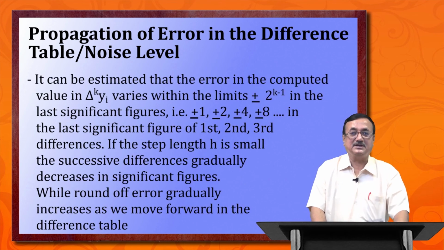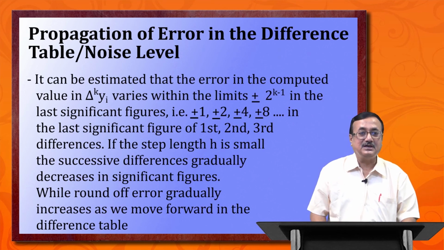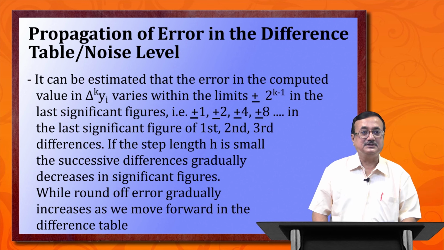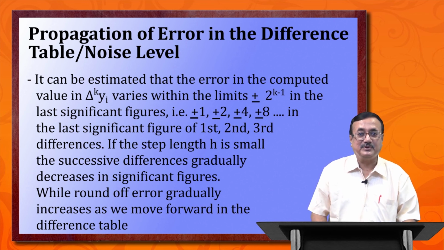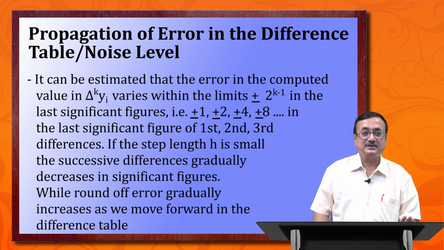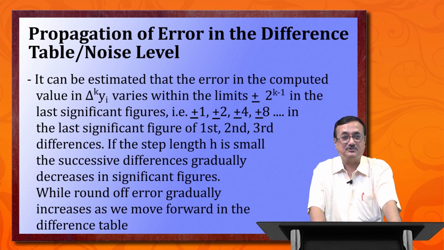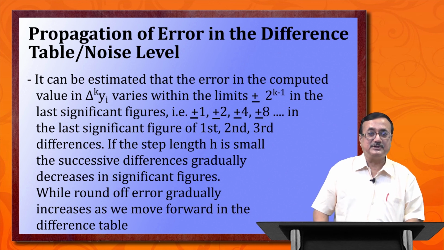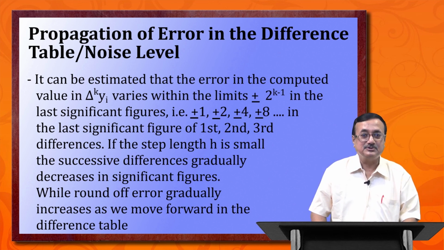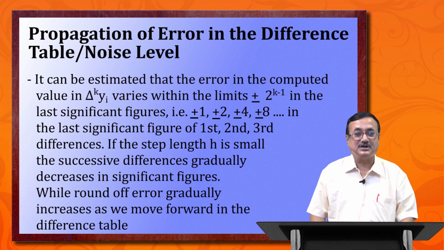It can be estimated that the error in the computed value of the kth order difference, delta k yi, varies within the limit plus or minus 2 to the power k minus 1 in the last significant digit. That is plus or minus 1 putting k equal to 1, plus or minus 2 putting k equal to 2, plus or minus 4 for k equal to 3. That is, the last digit will be inaccurate by plus or minus 1, 2 or 4 etc. in the first, second and third differences.